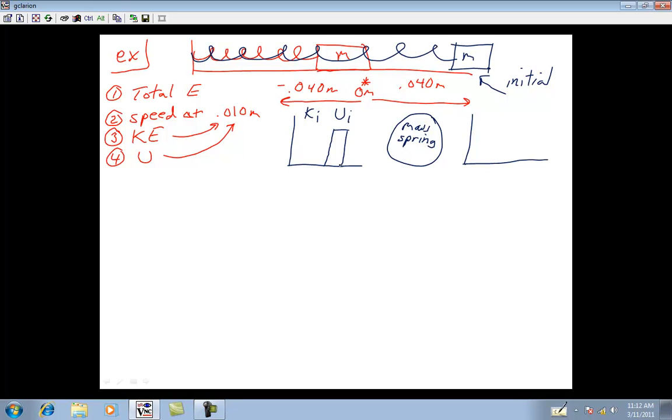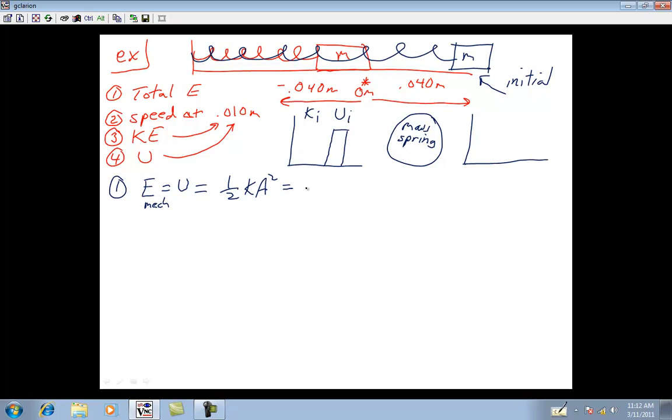All right. So if that's all potential at the beginning, what can I say about my total energy from question number 1 here? The potential energy would be equal to my total mechanical energy, right? So my total mechanical energy would be equal to my potential energy, and I can set that equal to that equation that we proved, 1/2 K a squared.